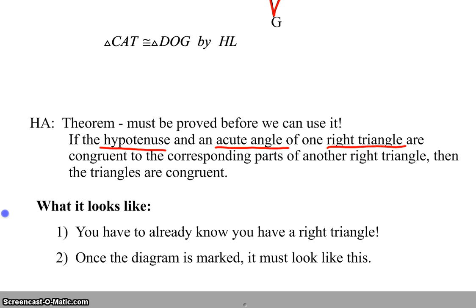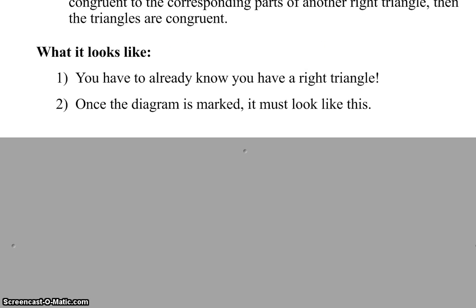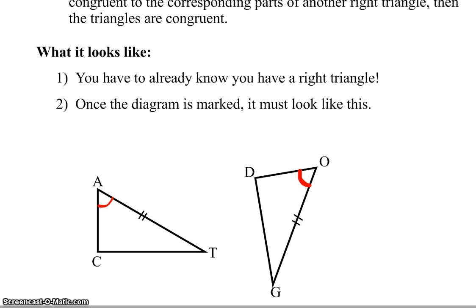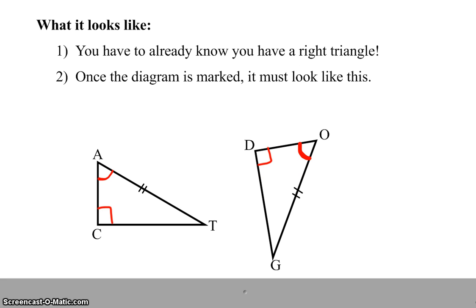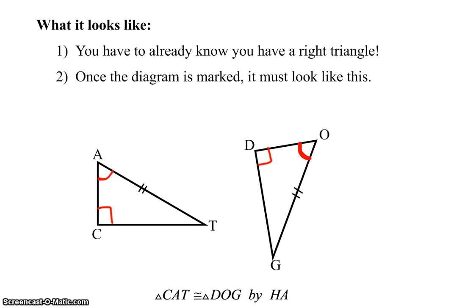So, again, right triangle is important. On our right triangles, we have our right angles at C and at D. We have a hypotenuse marked the same way, and we have congruent angles at A and O. Therefore, we can say triangle CAT will be congruent to triangle DOG by HA. This is after we prove the theorem. We haven't proved it yet.